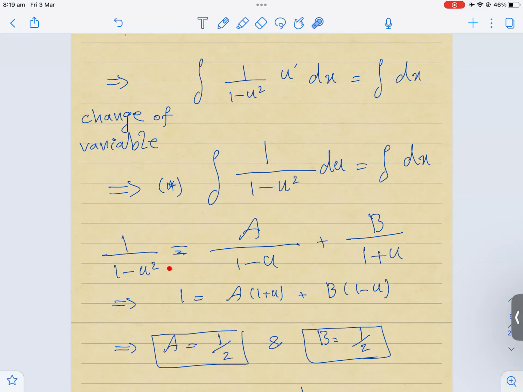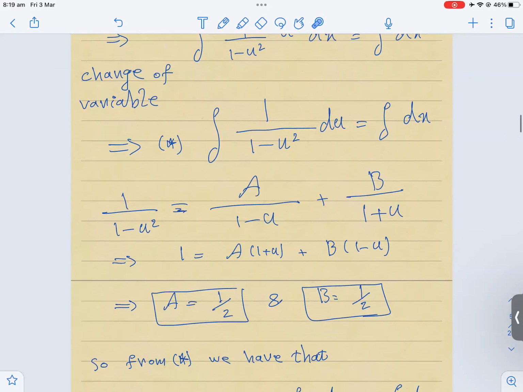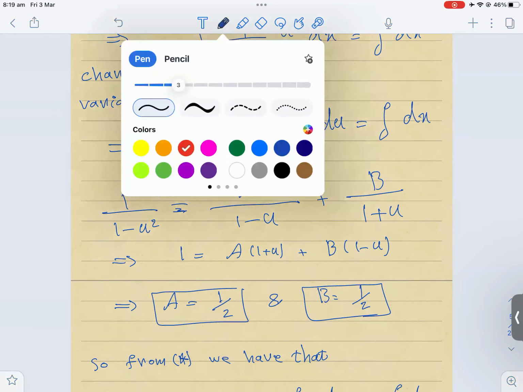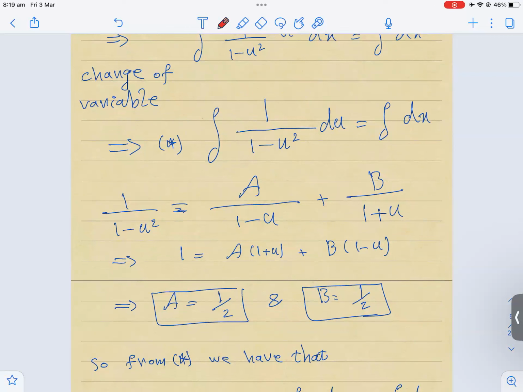Now, the integral of 1 over 1 minus u squared. I can decompose this fraction as a over 1 minus u, plus b over 1 plus u. So I can write 1 equals a times 1 plus u, plus b times 1 minus u. How am I able to obtain this a? Either by rearranging or by writing this equation. This equation is true for any value of u.